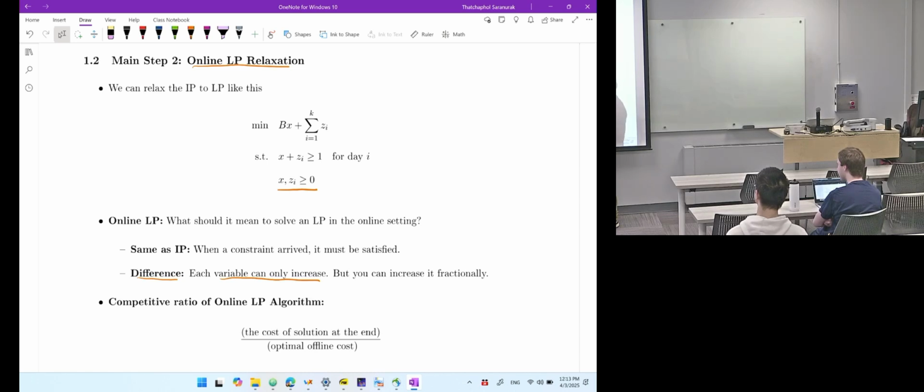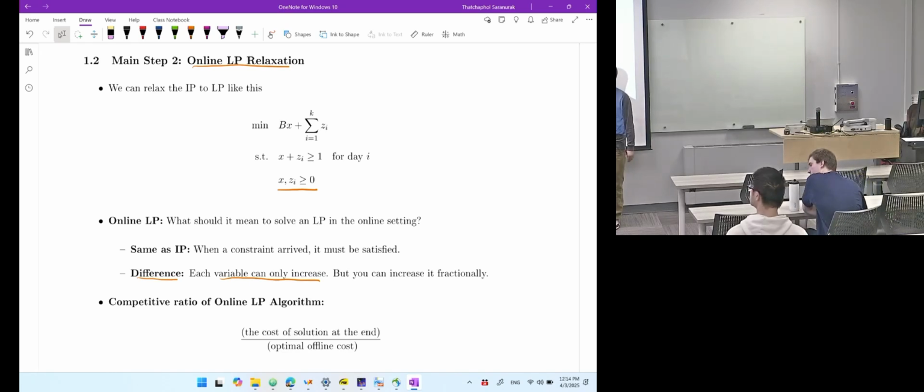We say that the online algorithm has a competitive ratio of something if the cost of the solution at the end is small compared to the optimal offline cost. So what's the optimal offline cost? It's just the cost when the whole LP, every constraint, is given to you, and you just solve it from scratch. So compare this optimal offline cost to the cost when you solve this online LP as each constraint is coming to you one by one, and you can only increase each variable as well.